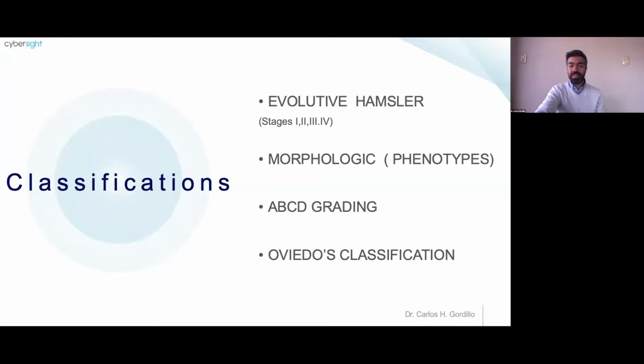The classic ideas were proposed by Amsler-Krumeich with stages. Then we have morphological classifications with phenotypes, the ABCD grading, and the Oviedo classification, which is also morphological. The idea of all of these classifications is to understand the stage of the keratoconus and how advanced it is.